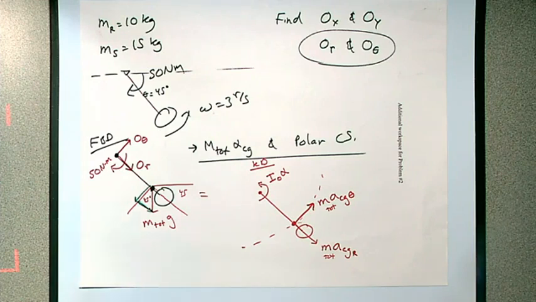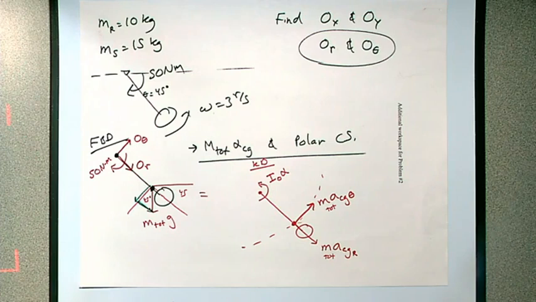That was 3 radians per second. We've got x cg, we solved for that. Mass total, I can add 10 plus 15. G, got it. Sine 45, hey, all that's left is to write the answer for O_r, minus 295 newtons.